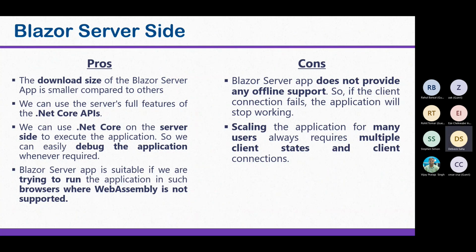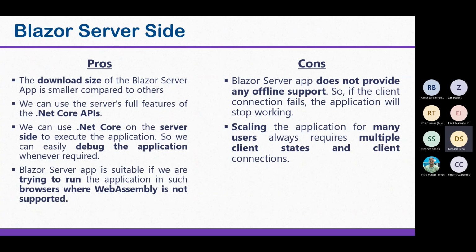So if our application is used by hundreds or thousands of users at a time, that means hundreds or thousands of different application states will be maintained on the server side. So the server configuration must be such that it can handle that. Otherwise, the performance will deteriorate.